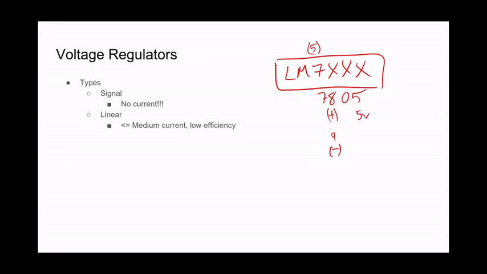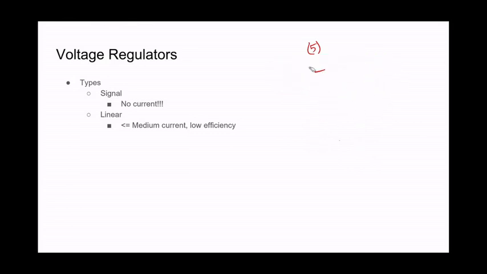Pretty simple. So if we instead saw an LM 7912, that would tell us it's a negative 12 volt regulator. Or if we saw a 7806, that would tell us that it's a positive 6 volt regulator. There are also other packages like the LM1117, which is a variable one, and so on and so forth.